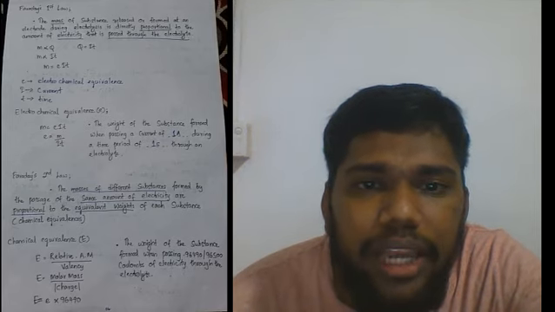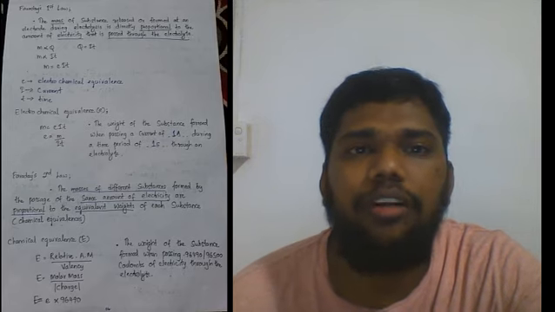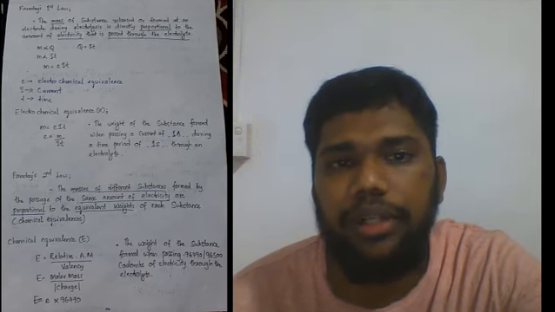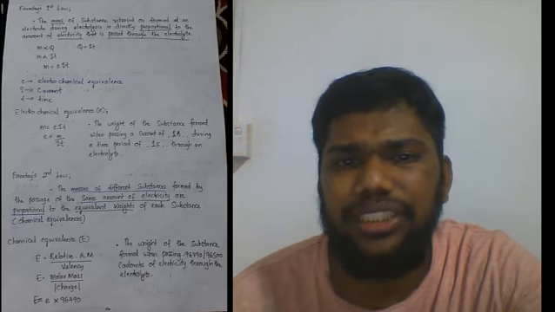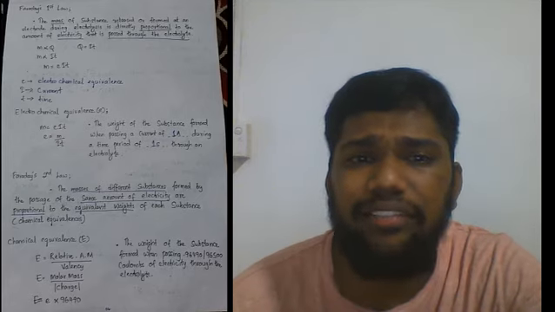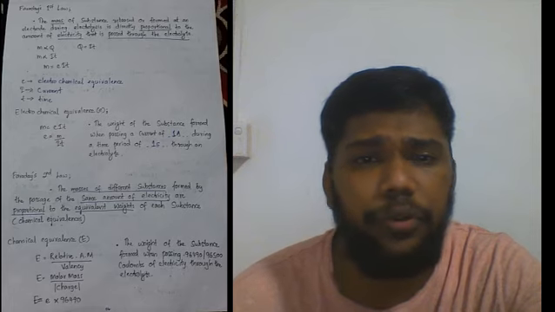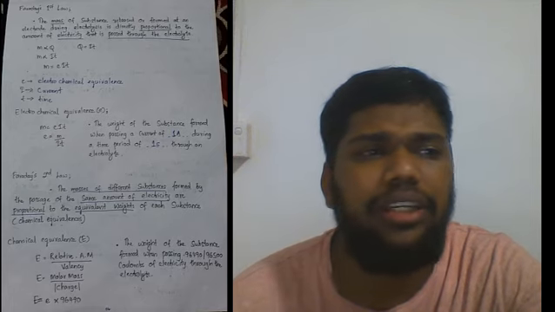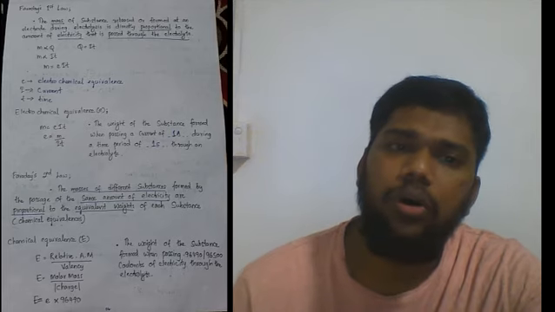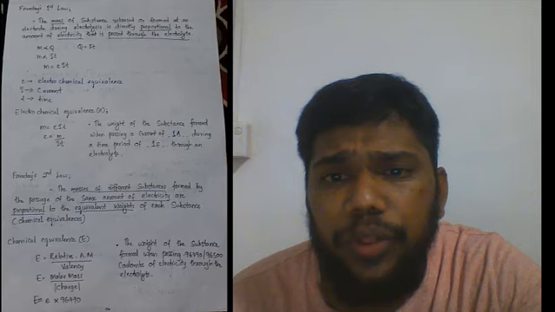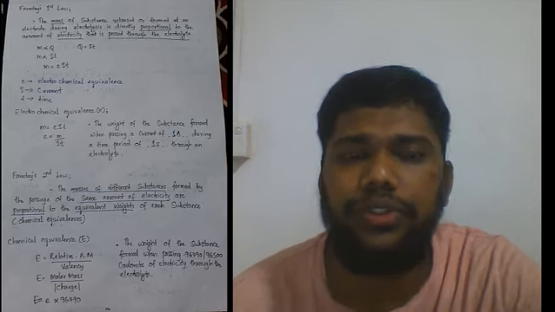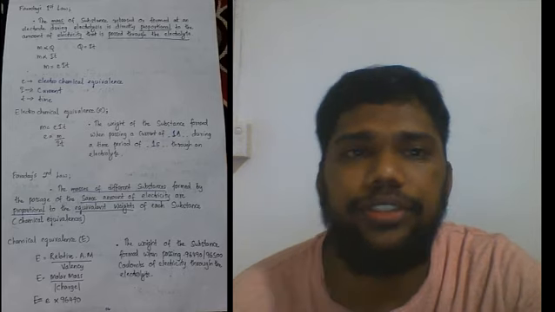My previous example is the use of Faraday's first law to calculate how much mass is deposited at the cathode for copper, or how much mass is given out by oxidation at the anode. You can use any reaction because you are using the same current for either reduction or oxidation. So what you basically need to know is that mass is proportional to the amount of electricity passed through the solution. That is what Faraday's first law gives.